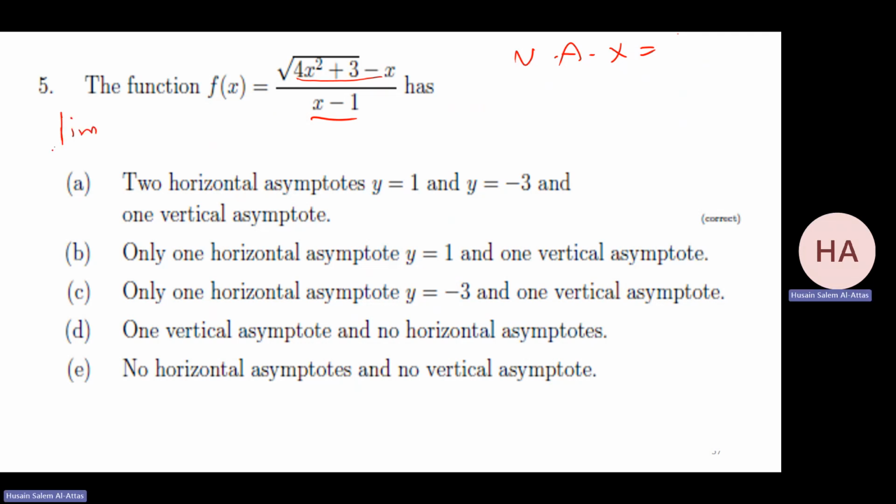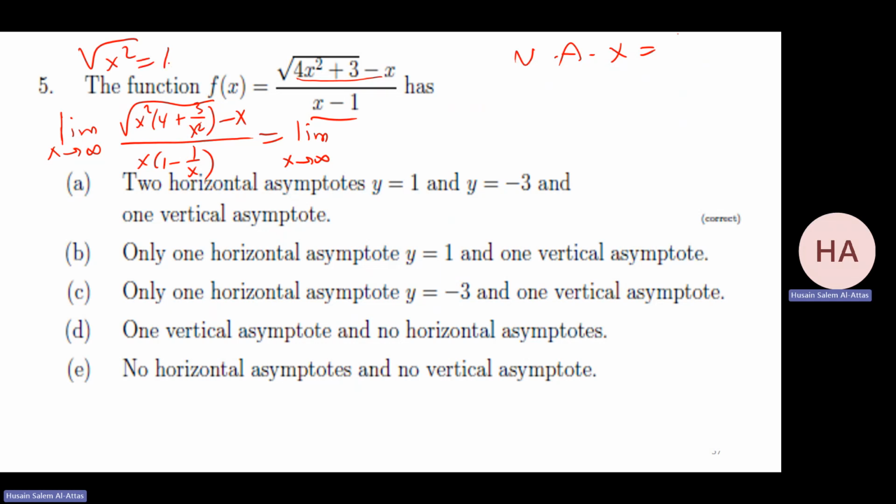Now, for x goes to infinity, take x squared common factor. It will be square root of 4 plus 3 over x squared minus x over x, 1 minus 1 over x, and that will be limit x goes to infinity. Don't forget, when this is taken out, it will be x times the root, minus x over x, 1 minus 1 over x.